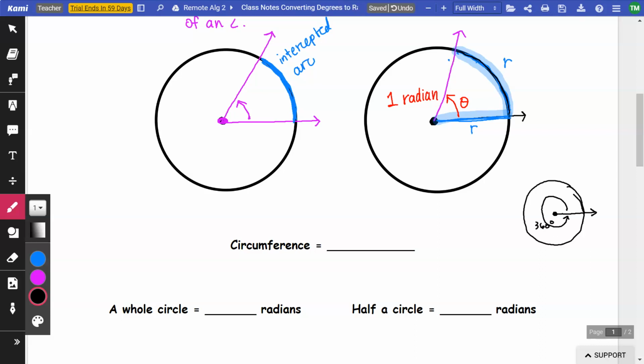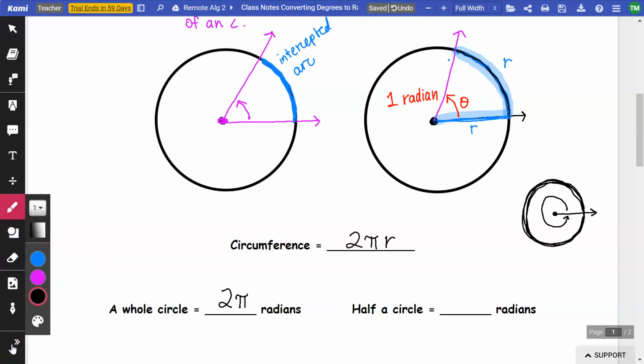What is the length of this intercepted arc? The length of this intercepted arc would be the entire circumference of that circle, right? Well, the circumference of that circle is equal to 2 pi times the radius, which means that the whole circle contains 2 pi radians. So the measure of that angle in radians would actually be 2 pi.